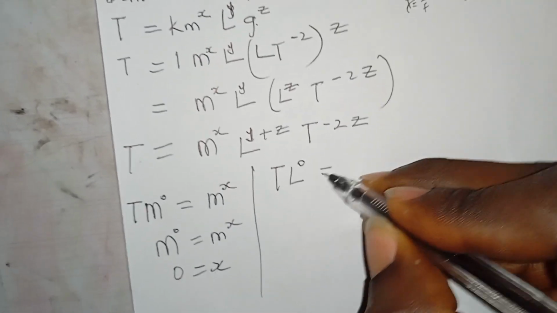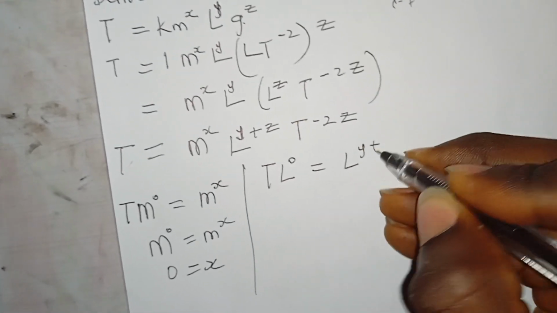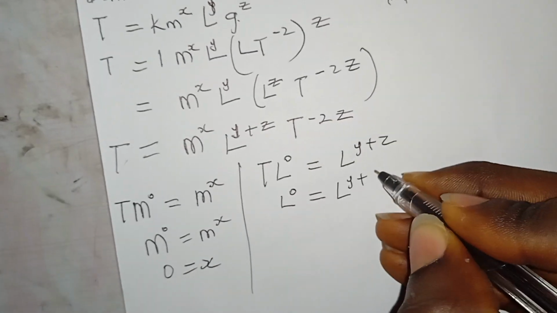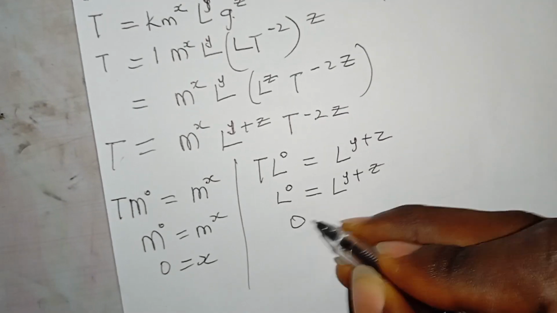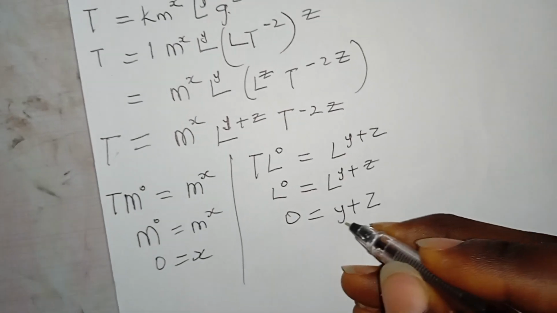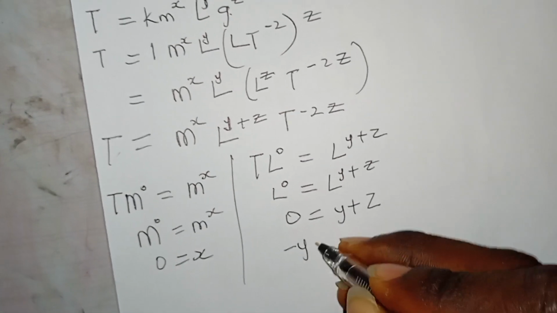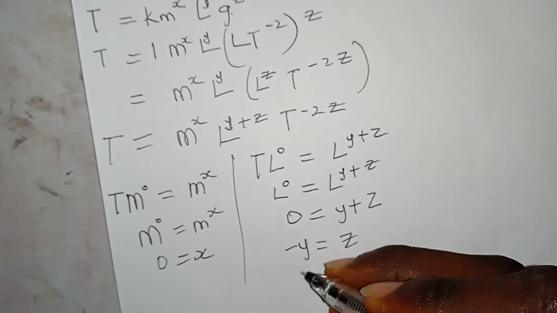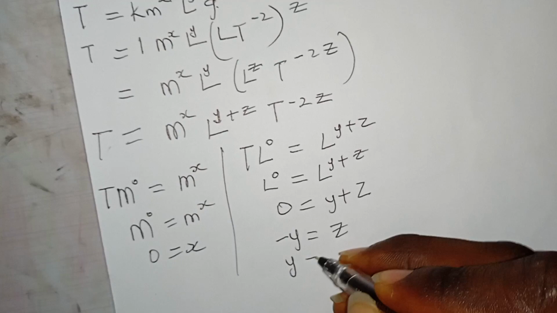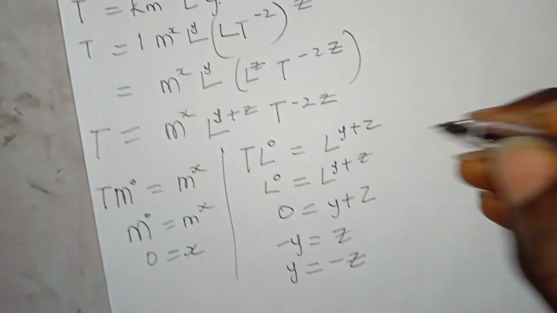So it's the same thing as raised to power y plus z. So you can see that this is 0 equals y plus z, which means that making y subject of the formula, this moves over to become minus y equals z. Making y the subject, y now becomes y equals minus z.